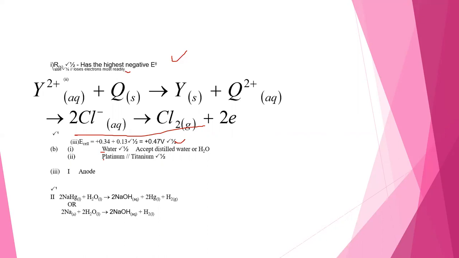What can be used instead of graphite can be platinum or titanium. So that is that. The equation was this one that we wrote there, or it can be this. The one which is recommended is that first one.